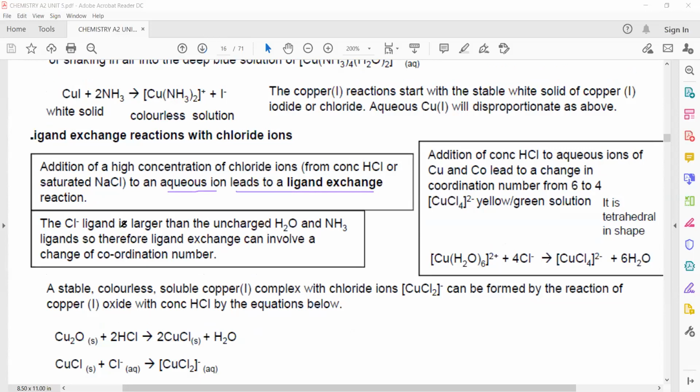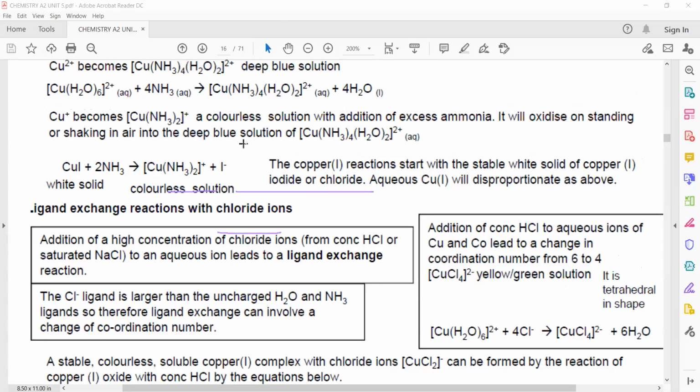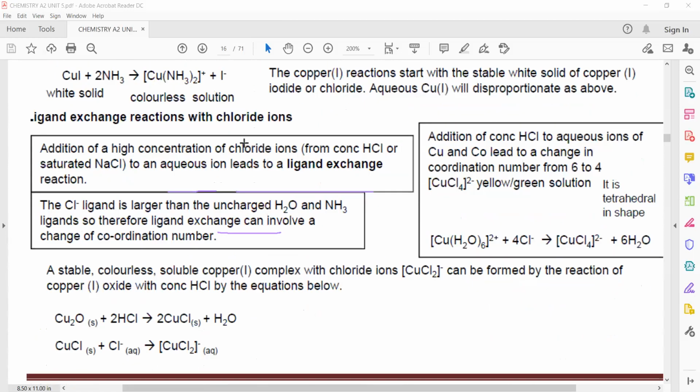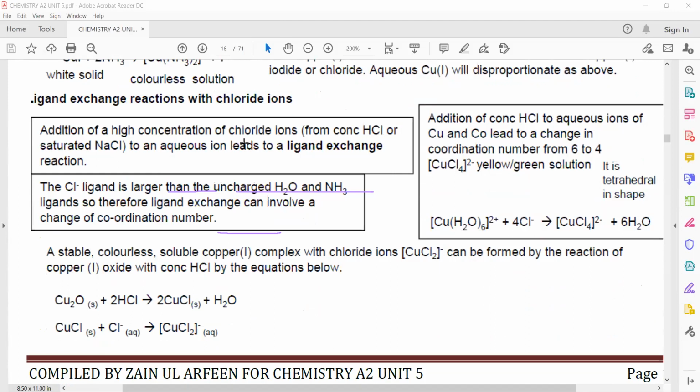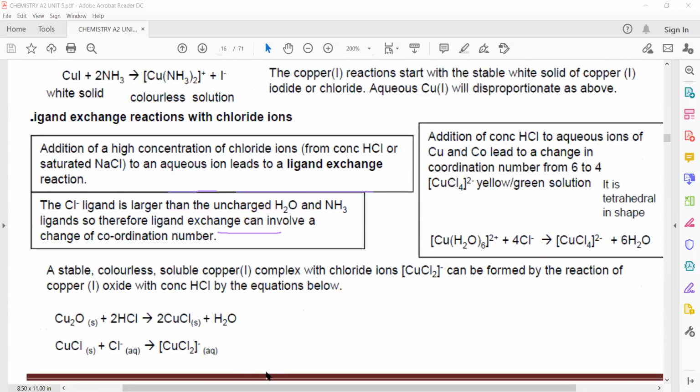The chloride ion ligands are larger than uncharged water or ammonia. Therefore, ligand exchange can involve a change in coordination number, because water molecules are neutral ligands, so more can attach. But chloride ions, because they have a negative charge and greater size, so fewer chloride ions can be attached. So you can see the equation.